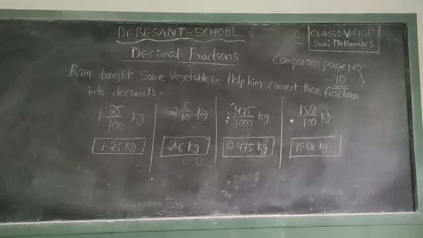Okay. So in previous class we have discussed like decimals and unlike decimals. Some examples we have discussed in studio book. Now in companion book, page number 11, 10E. Once open 10E.